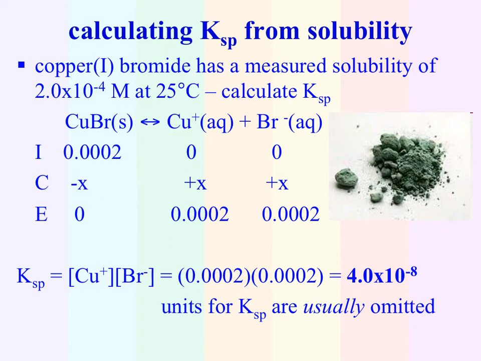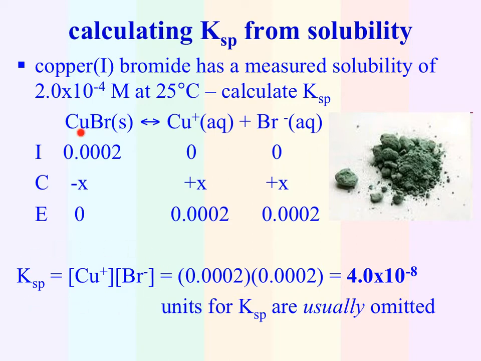We indicate the changes that we would expect, and we are going to assume 100% ionization because this is an ionic compound. So we're going to assume that copper bromide no longer exists and that we only have copper +1 and bromide -1 ions present in solution. Then we take these concentration values and plug them into our equilibrium expression, which will be written as follows.